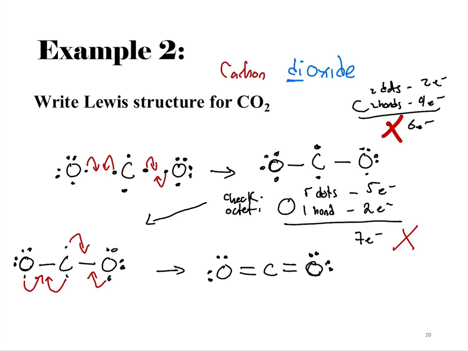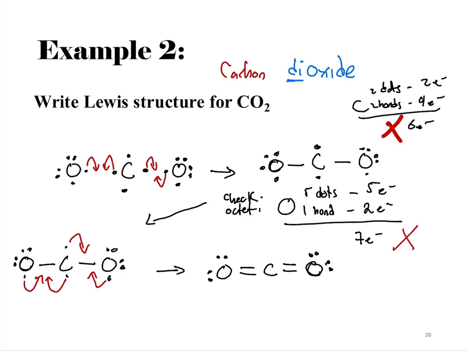All right, so we've adjusted the structure. The only way we can adjust it is by moving electrons in or out of the bonds that we have in our structure. If we destroyed any other bonds in the previous one, we would have broken up the molecule. So that told us we probably need to make another bond between carbon and each of these.